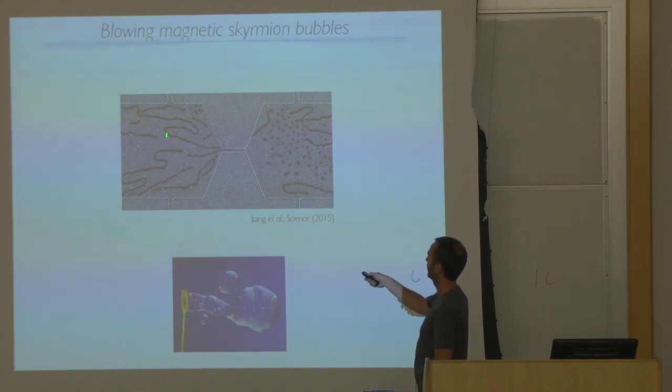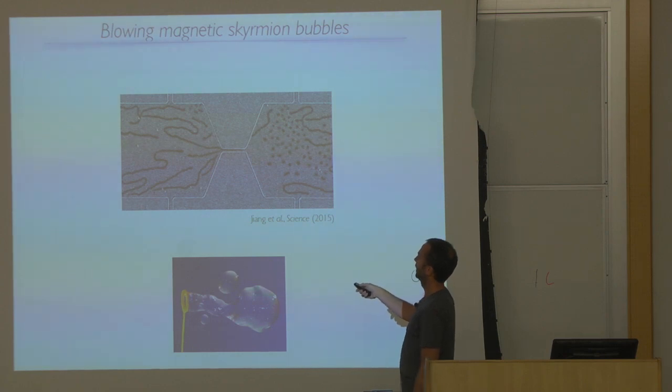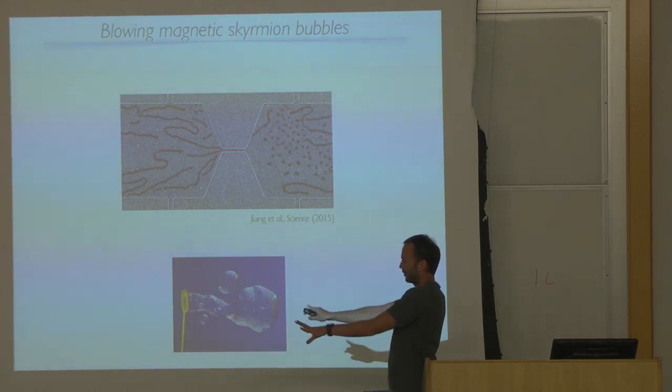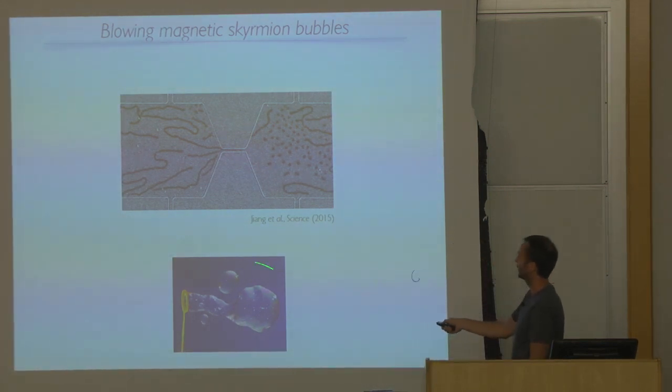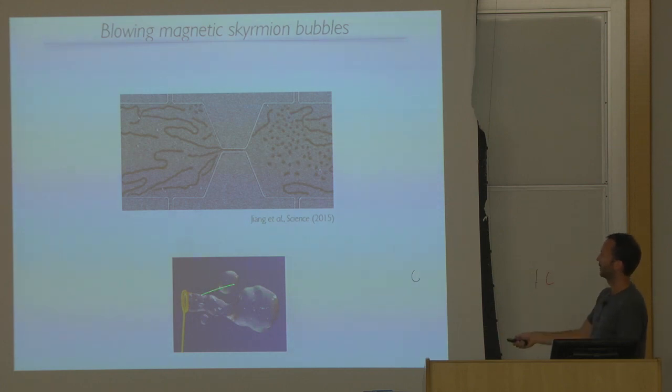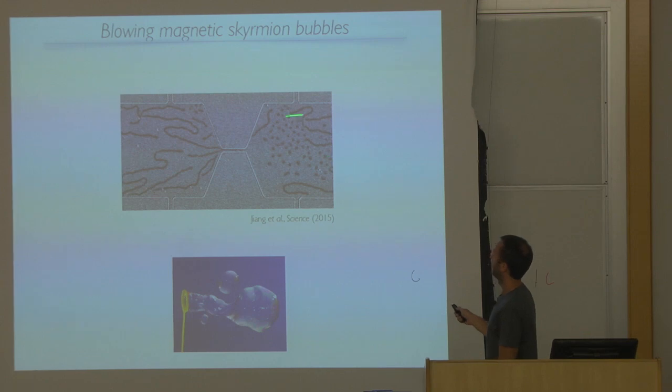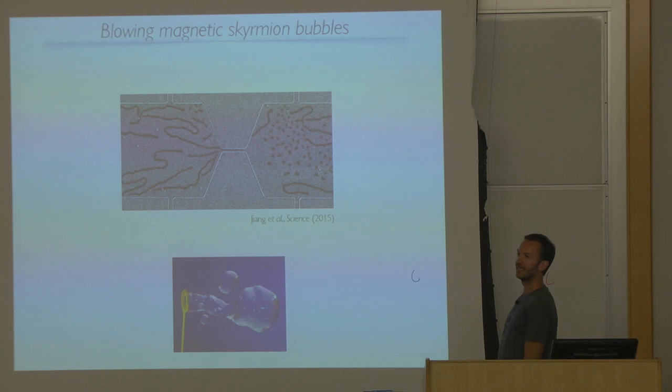So think of it as a video with spaghetti-like magnetic strips being pushed through some constriction by applied electrical current, and on the right a bunch of skyrmions come out, and we understand this physics much like the physics of blowing soap bubbles. Again, the details don't really matter. And in fact, the paper itself is quite playful. It doesn't go much beyond saying that we've realized this kind of physics in a magnetic film.